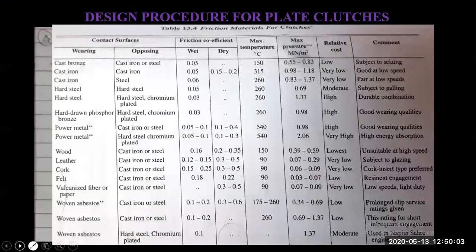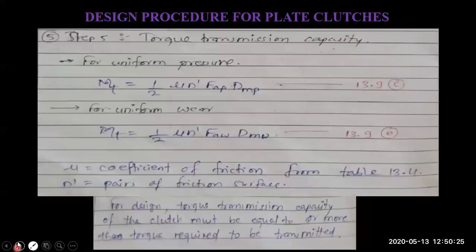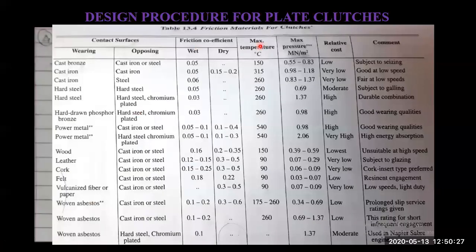Okay, so this is step 4, axial force. It is the same step. So for the axial force, only this p max, the maximum pressure for that particular material, you have this table 13.4 for friction material.